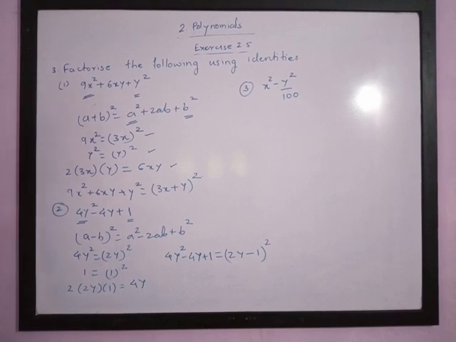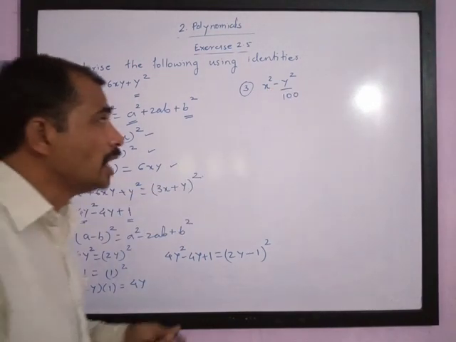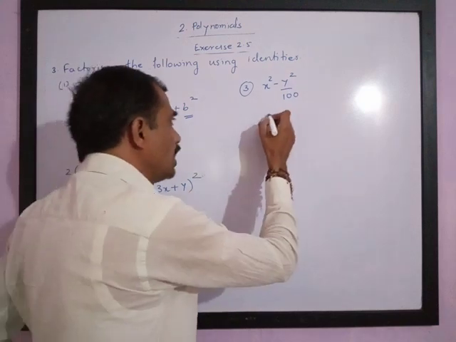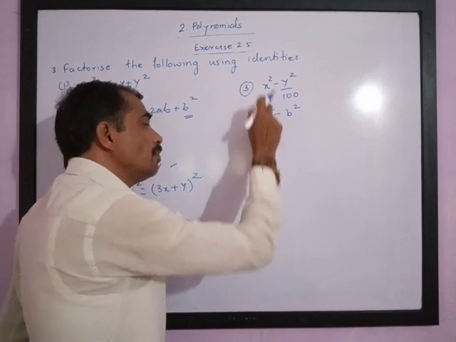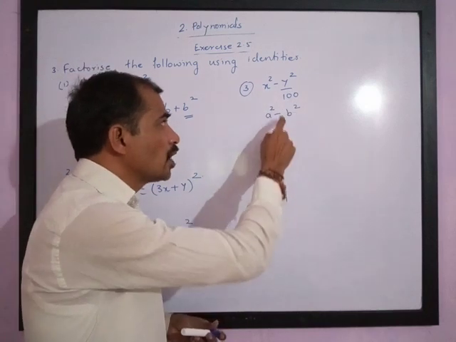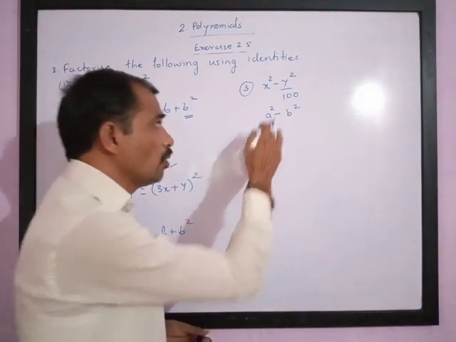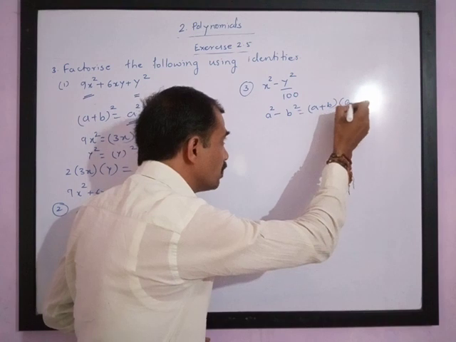Third question is x square minus y square upon 100. Now here we are using another identity, that is a square minus b square. Please notice, the first term is a perfect square, the second term is a perfect square, with a negative sign in between. We know how to expand this. This is equal to (a plus b) into (a minus b).